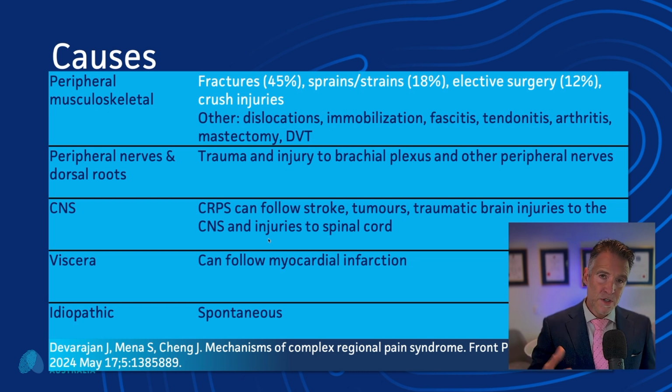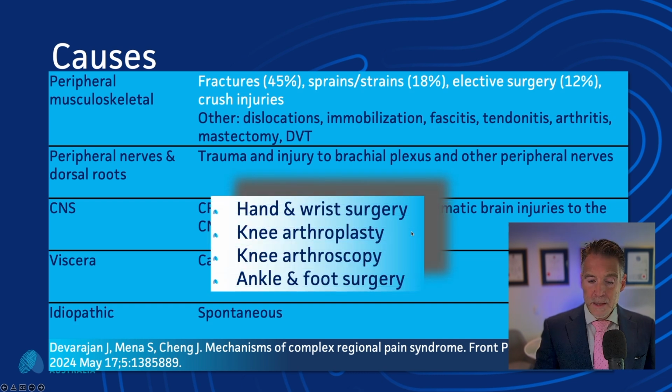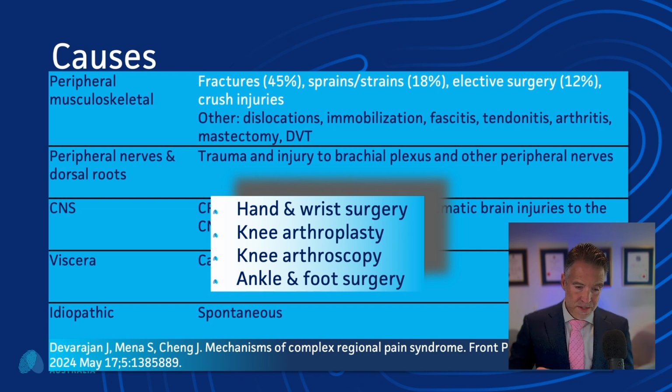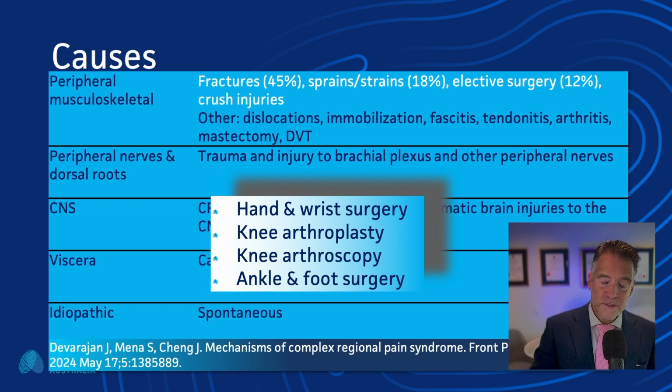The big ones are fractures, the big ones are minor sprains and strains, and elective surgeries, notably orthopedic surgeries. A reminder, hand surgery, wrist surgery, knee surgery, ankle and foot surgery. These are the more common features or triggers of CRPS.